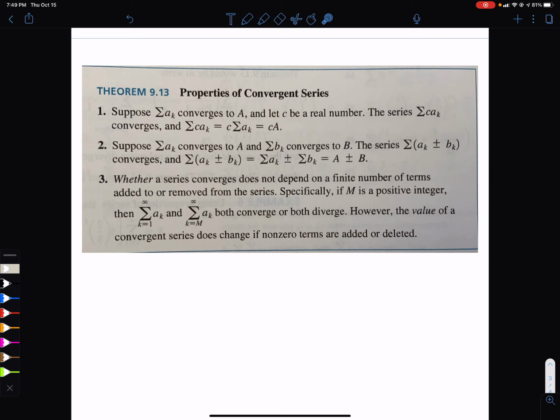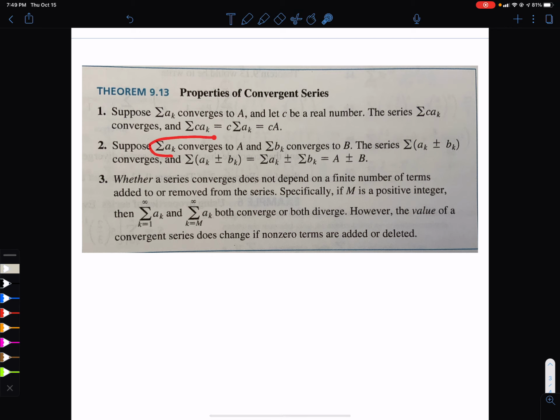Well, quite simply, this is equivalent. You can factor the C out. The series sums up to A still. So now the new series will add up to CA. You just multiply the old sum by the new constant. So you can pull a constant out of a series. That's what it's saying.